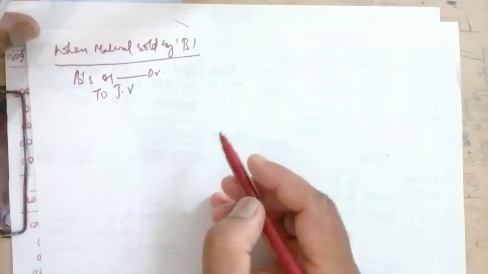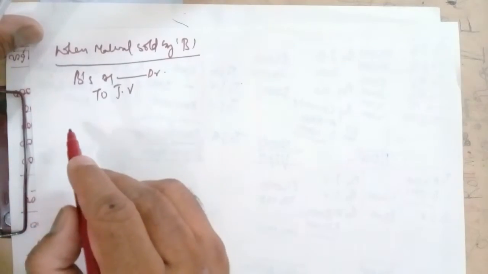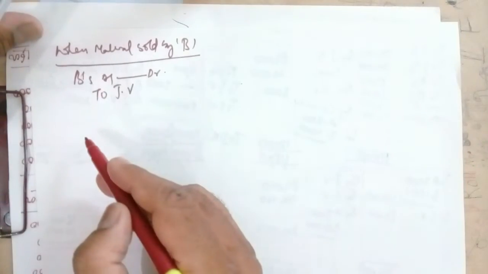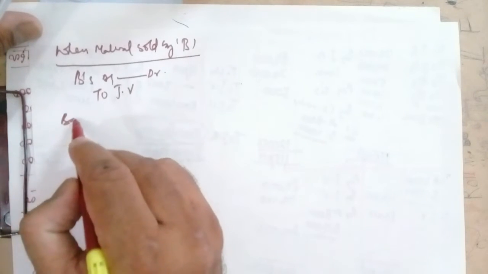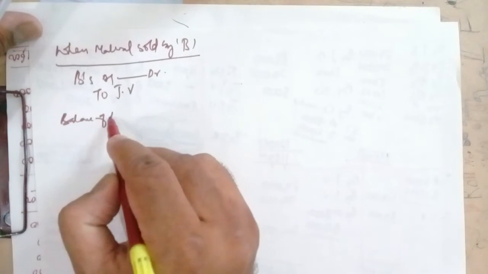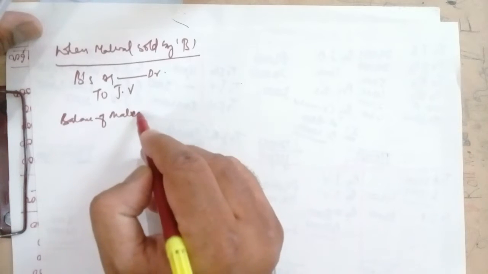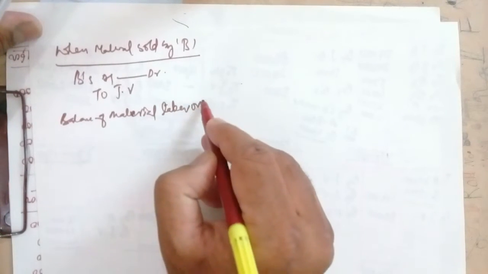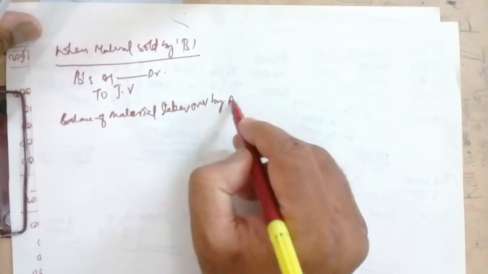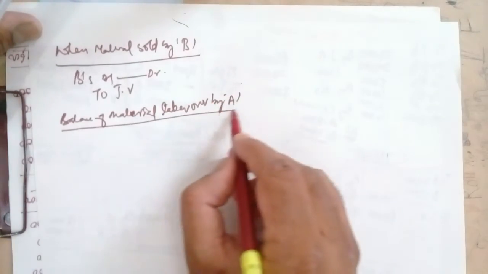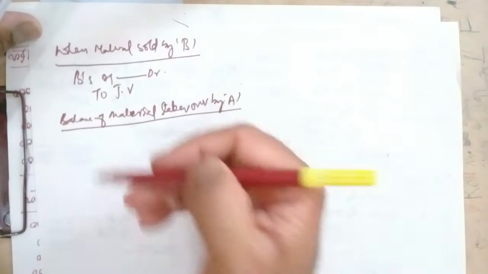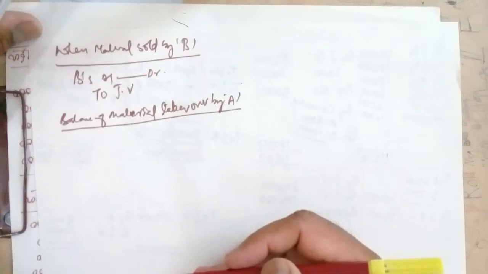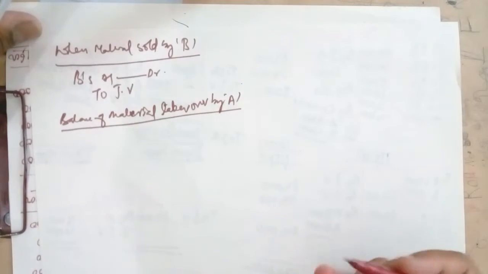Right? Then the next entry would be any balance of material taken over by co-venturers. Balance of material taken over by A. A has taken over. So when he was bringing the material, what entry did we pass? Joint venture to purchases. When he is taking over the material, then the entry would be reversed.